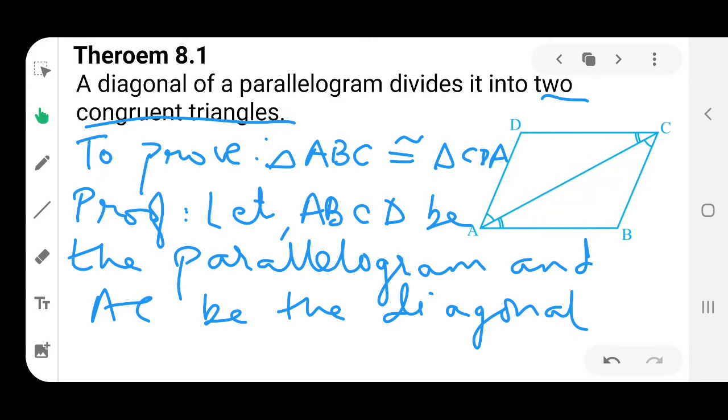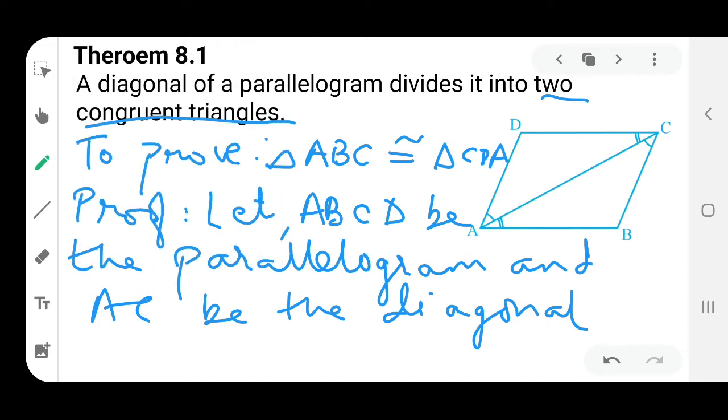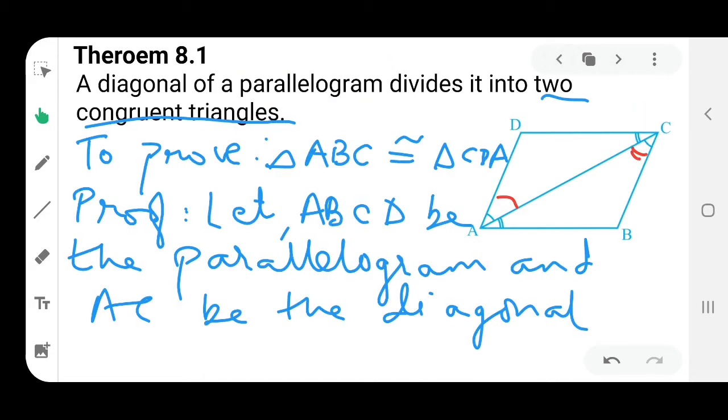So the angles forming here, this angle and this angle, form a pair of alternate angles. If these two lines are parallel to each other, they must be equal. In chapter number 6, we have seen these two angles must be equal to each other. So we can write this angle, angle BCA, and this angle DAC.